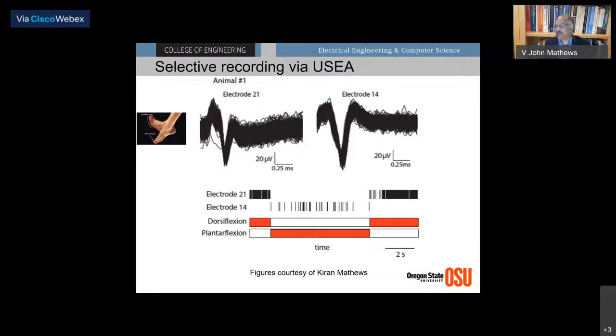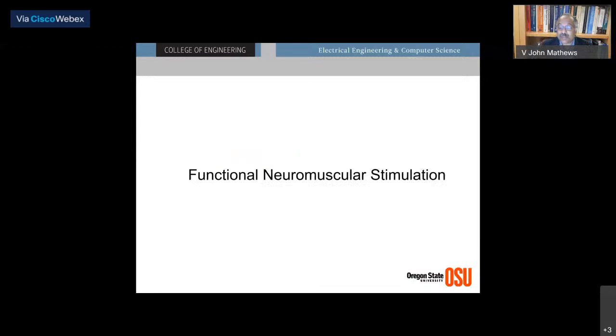So enormous amount of selectivity, and that helps us tremendously. So let me talk to you now about functional neuromuscular stimulation. Essentially, what I want to talk about is how you can evoke movements in a paralyzed limb by applying electrical stimulus to the nerves.